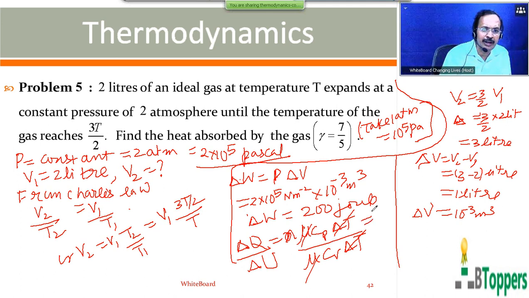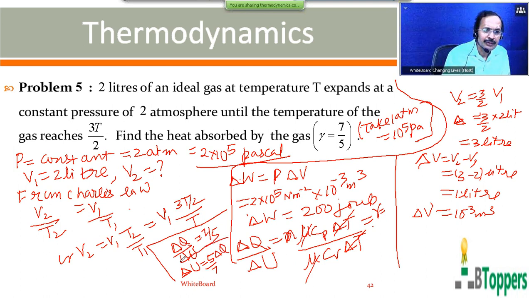Cp by Cv gives you gamma. So at constant pressure, delta Q is equal to gamma times delta U. Our gamma is 7 by 5 for a diatomic gas, for the given gas. So delta Q by delta U is gamma, that is 7 by 5. So delta U can be written as 5 by 7 times delta Q.